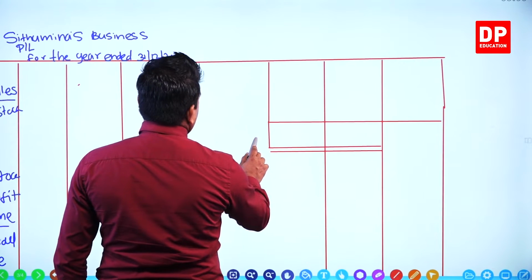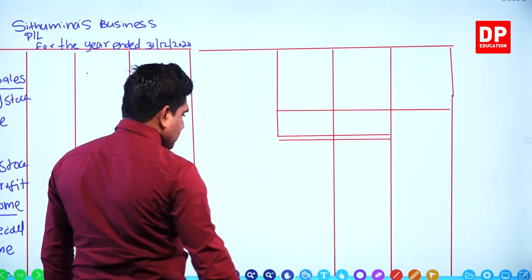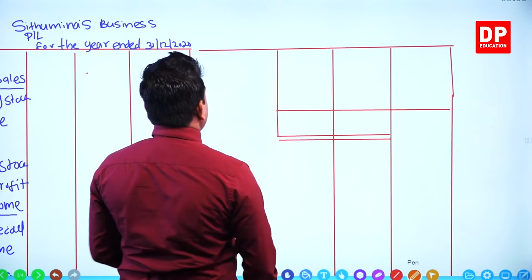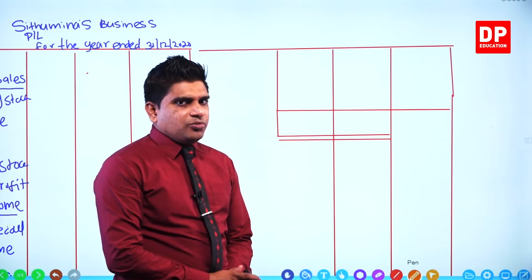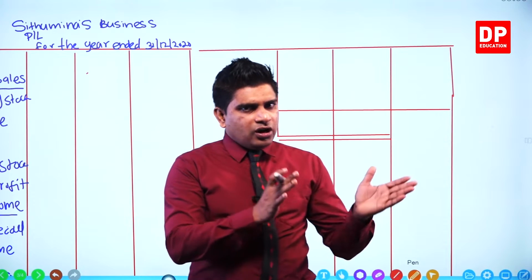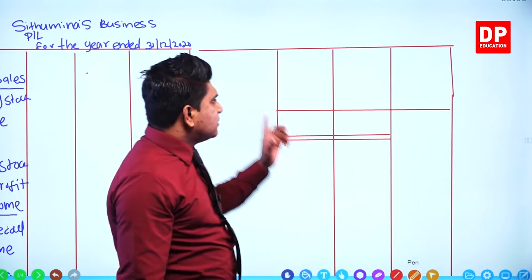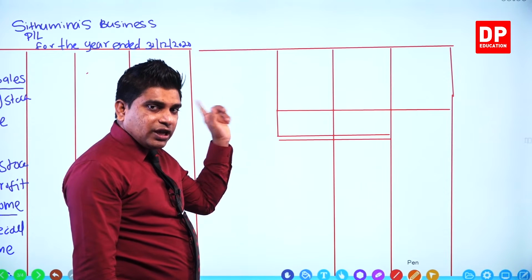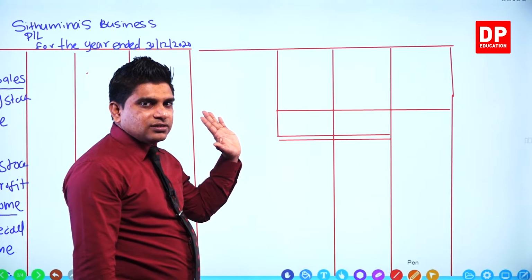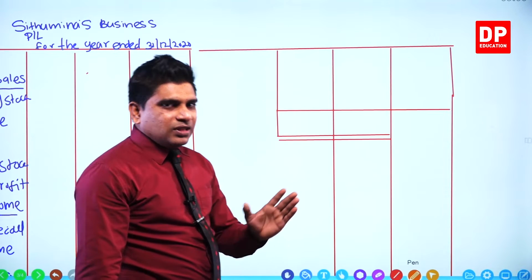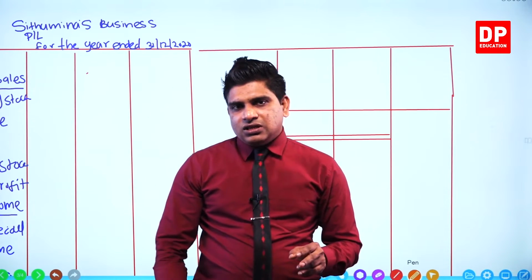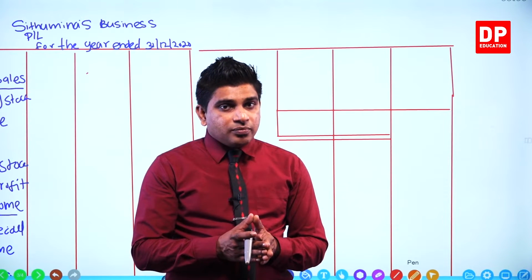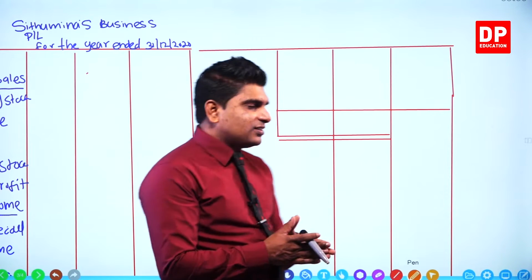Same way you write the name of the business, name of the account, and time period. You can earn 1 mark for this, right? You must remember, you can earn 1 mark in your O-level exam for writing the names properly: name of the account and time period. Generally we say there are 2 business concepts, business entity concept and periodic concept, right?